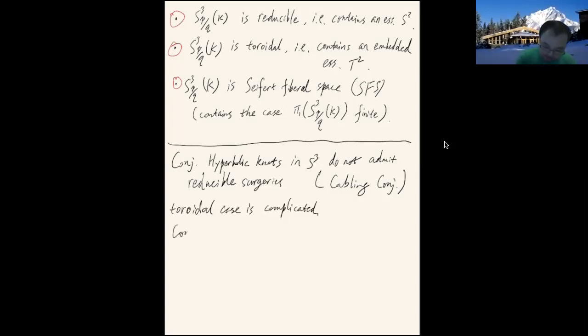The conjecture is: if the surgery has finite pi 1, then K belongs to two lists.